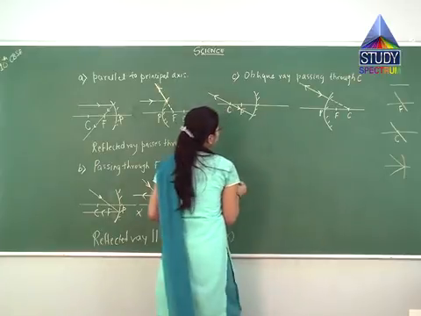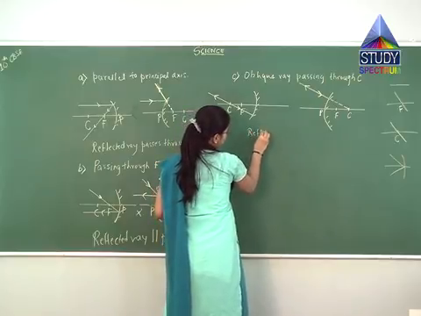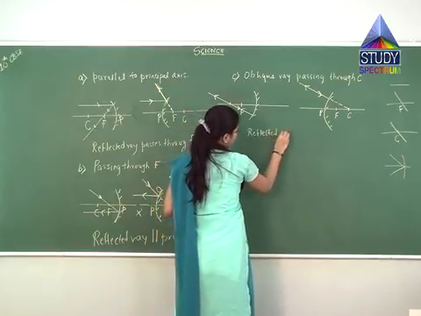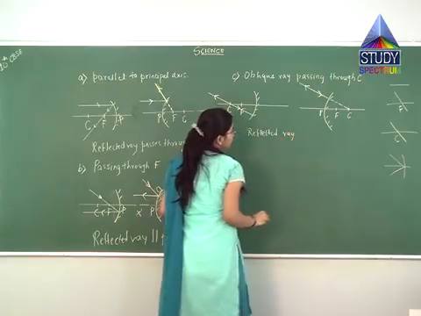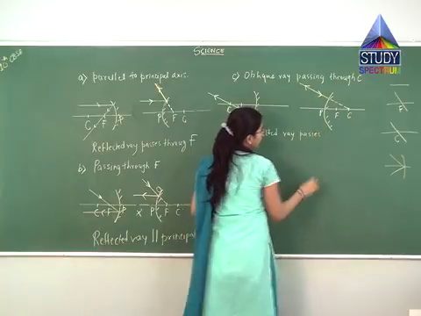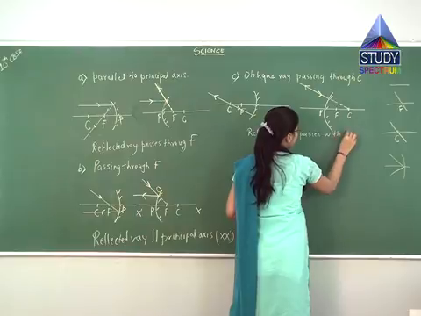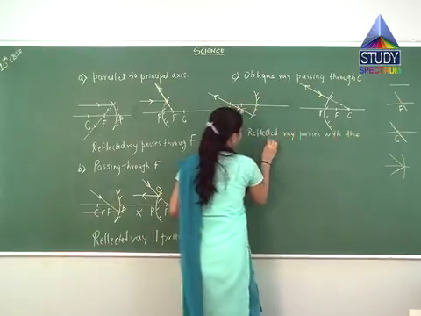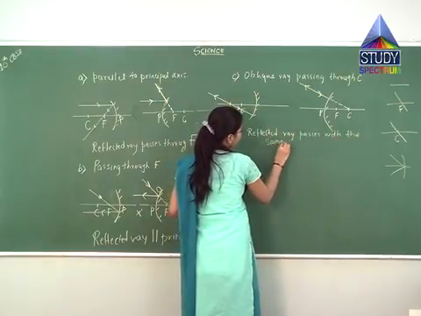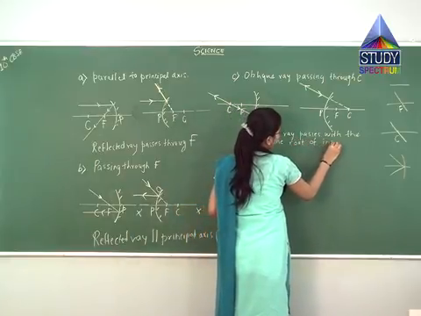So here we will write: reflected ray passes with the same route of incident ray.